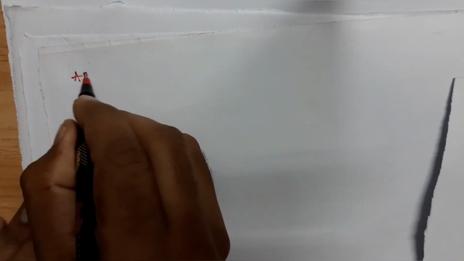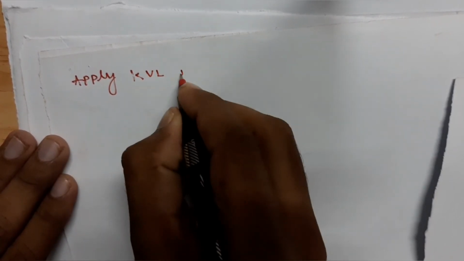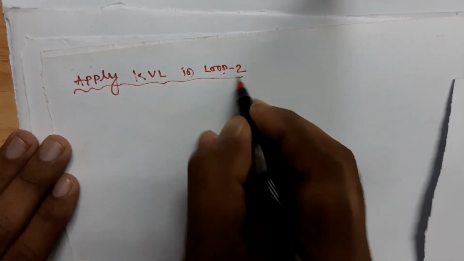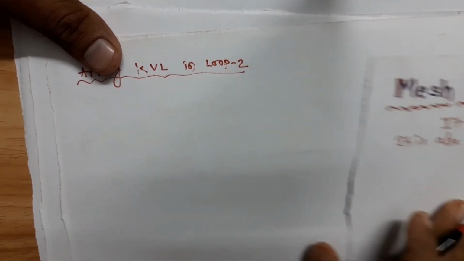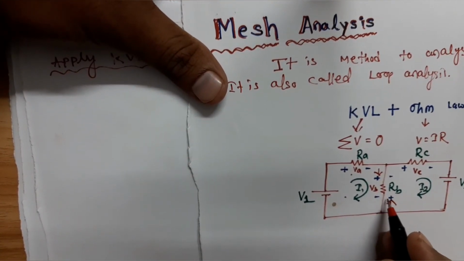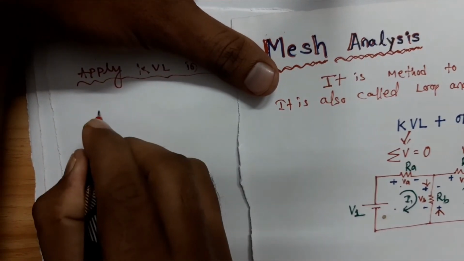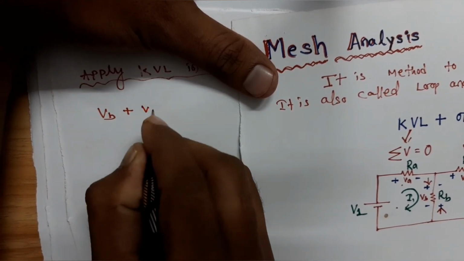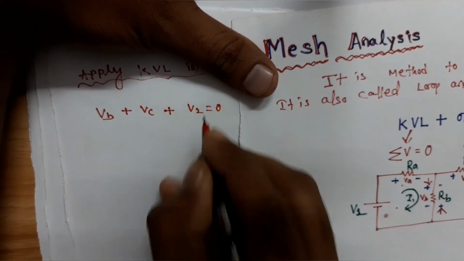Here at RB, this is plus because I2 is higher. Plus VB plus VC plus V2 is equal to 0.